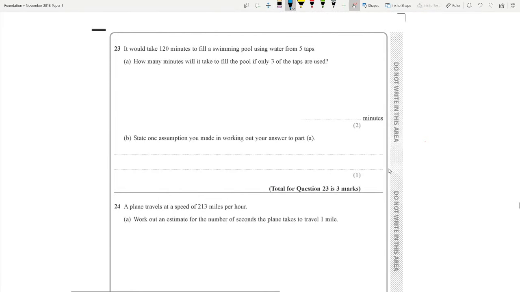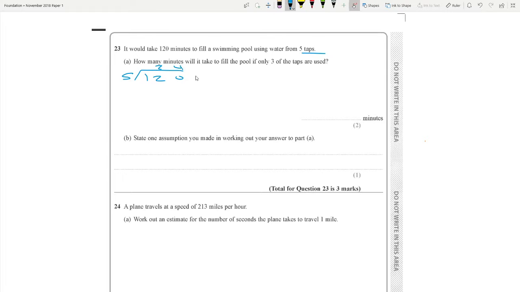It's nearly finished. Question 23 says that it would take 120 minutes to fill a swimming pool using water from 5 taps. How many minutes will it take to fill the pool if only 3 taps were used? Work out, if it was 120 minutes from 5 taps, how much would 1 tap take? 120 divided by 5 is 24.